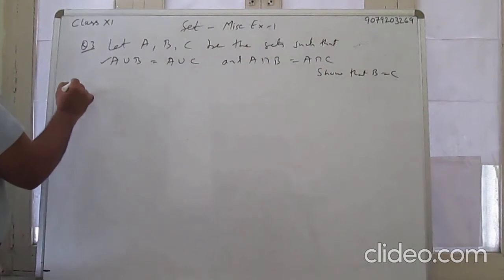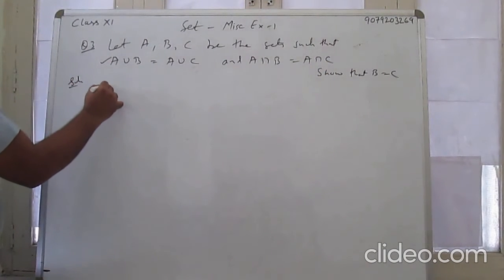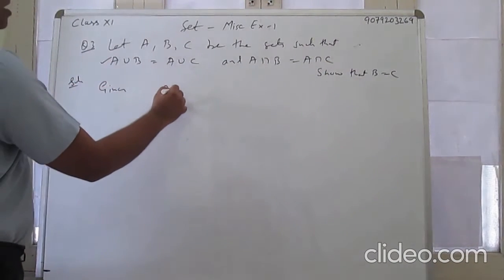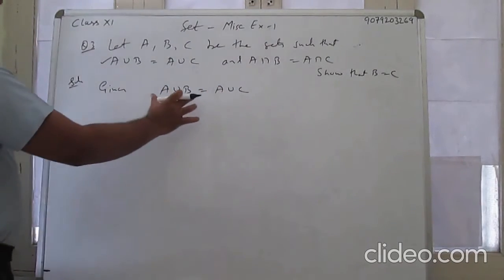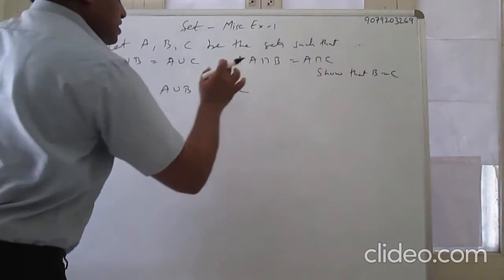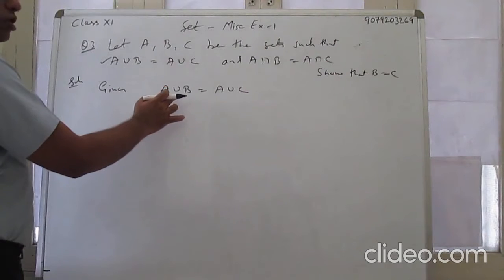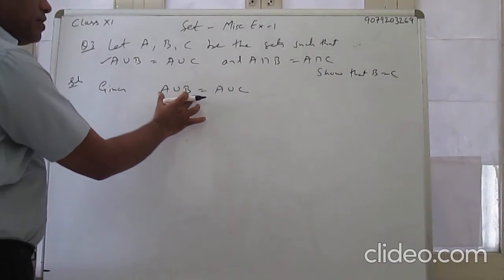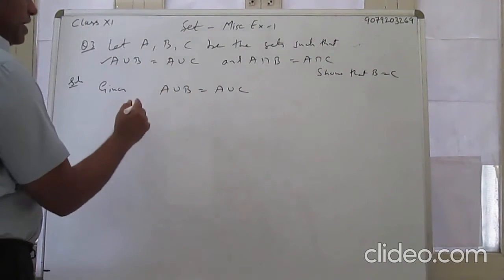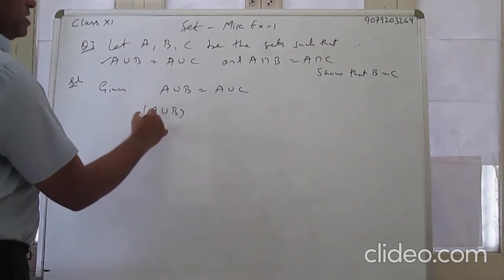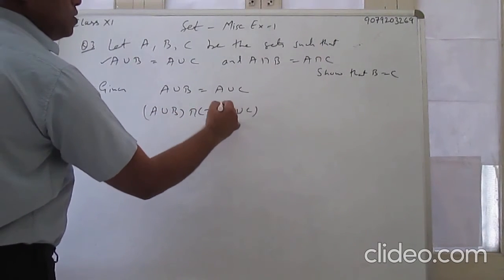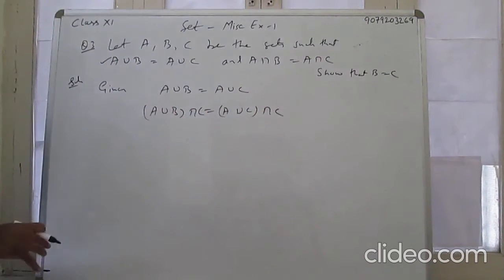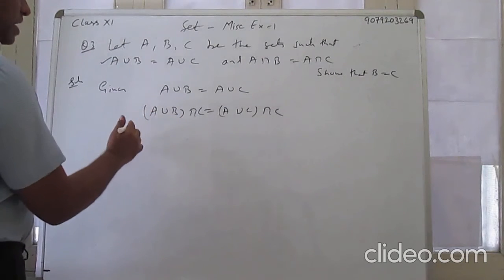So I will take given relation solution. This is given to you. A union B is equal to A union C. Now here it is B equals to C. So we will use distributive property with intersection C on both sides. Now apply distributive property on left hand side.